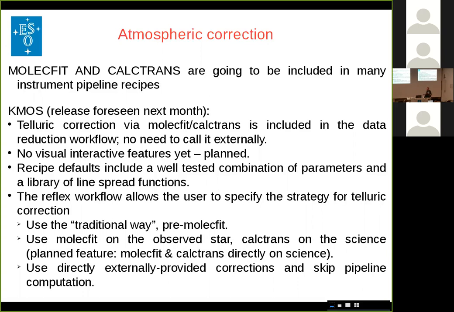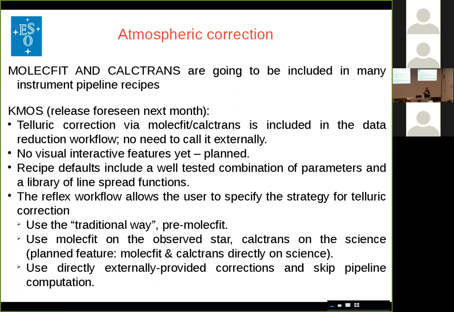And also, you will have the option, not in this release, but in the next one, to decide whether to run Molecfit on your telluric standard and then apply the result on your science, or to run Molecfit directly on the science. The advantage of running Molecfit on the science is that you don't have any change in the air mass. You don't have any change in the atmosphere in between your science observation and the standard star observation.